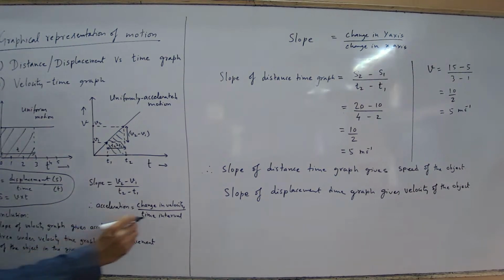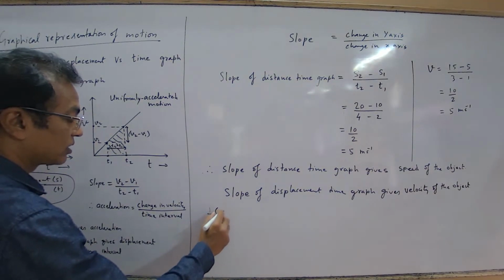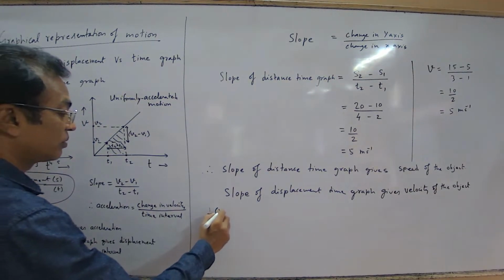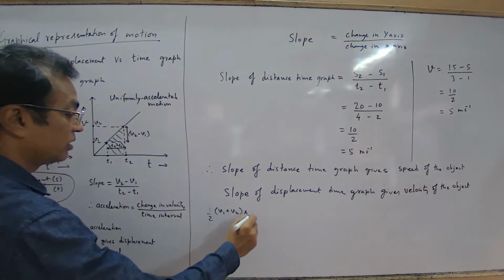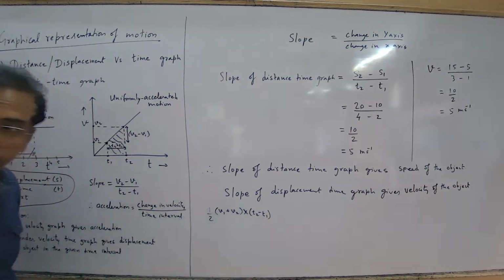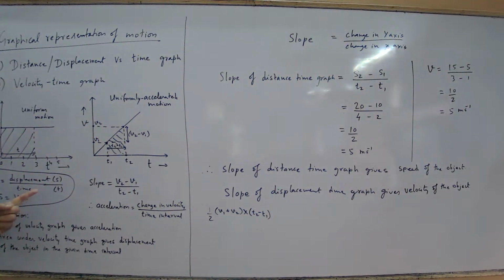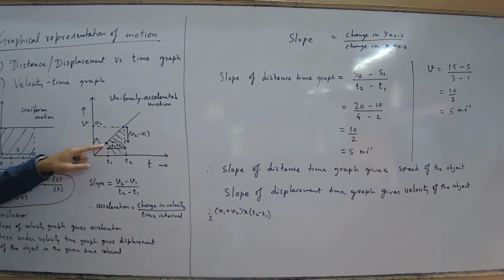It is half the sum of the parallel sides, which is V1 plus V2, into the distance between them, which is T2 minus T1.